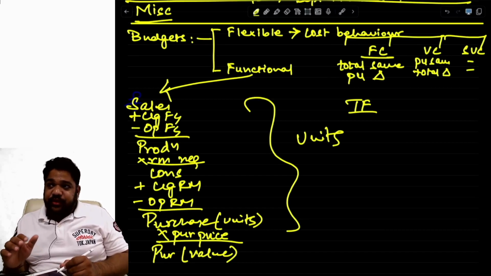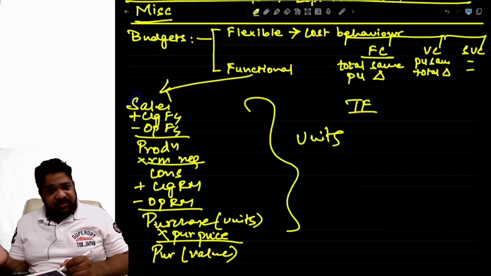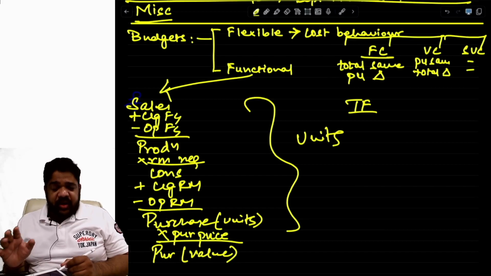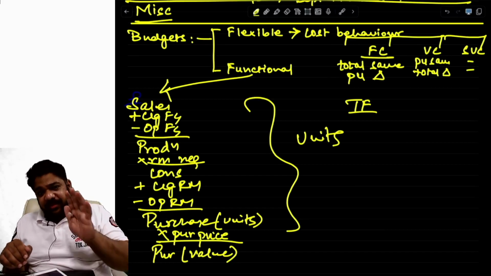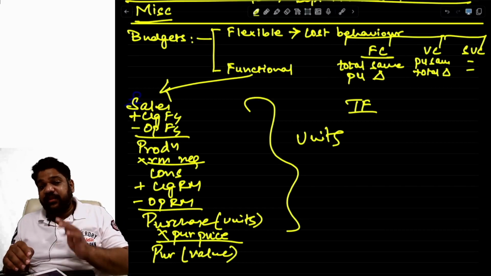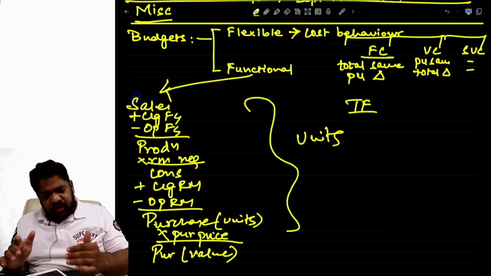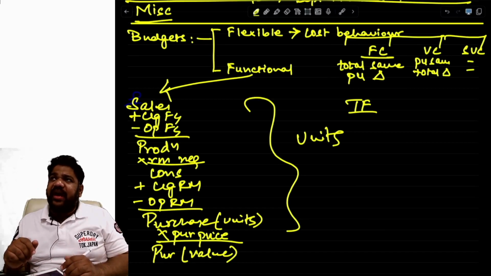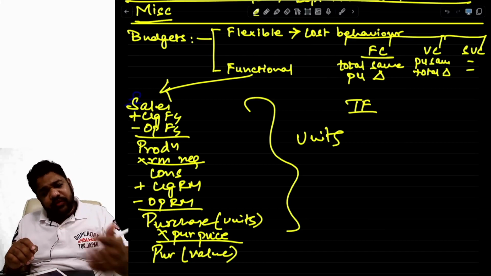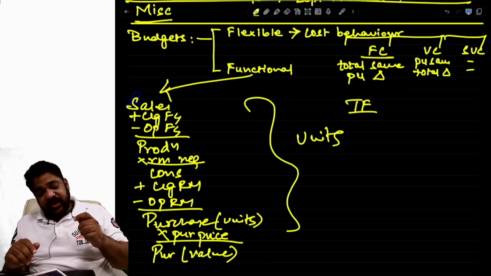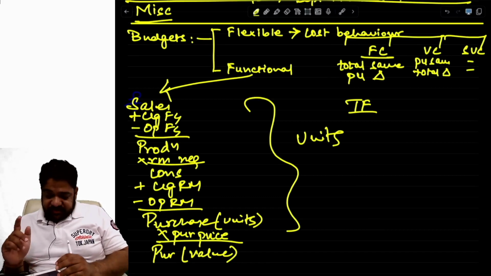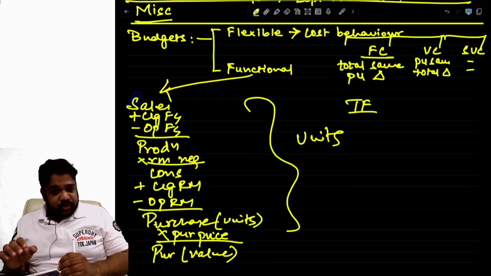Because you giving them an answer on a monthly basis when they've asked quarterly, or vice versa, is not going to get you marks. So you have to make sure that whatever time frame is asked in the required is the time frame in which you're presenting your answer. Apart from that, the format is fairly straightforward. You don't have a lot of things to do, but there are a few questions which are very, very interesting, which I'm going to mark for you, which you'll be trying.